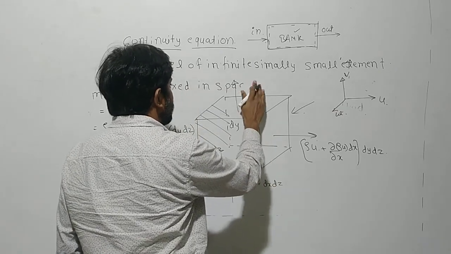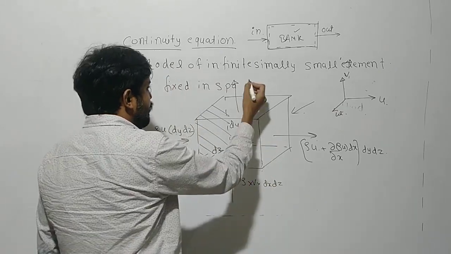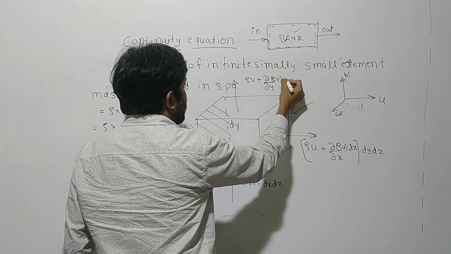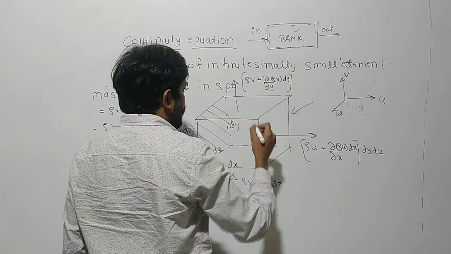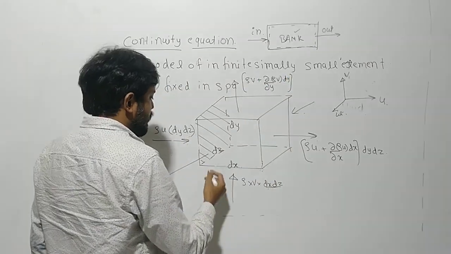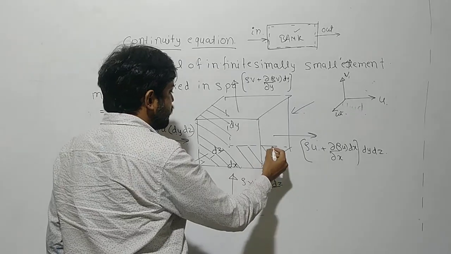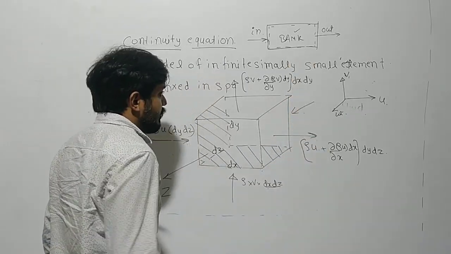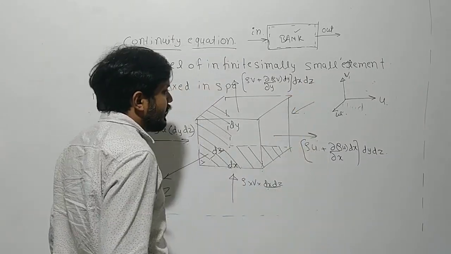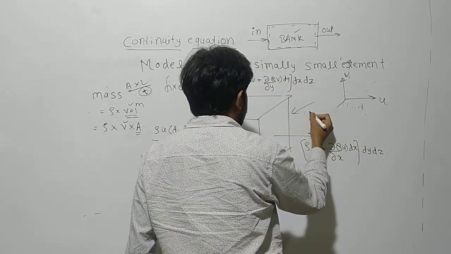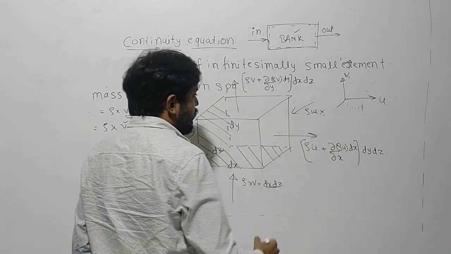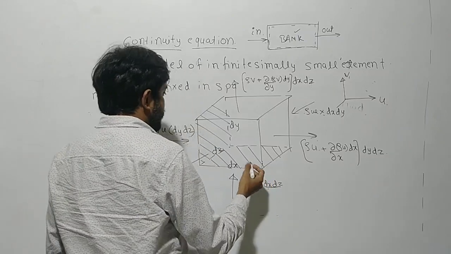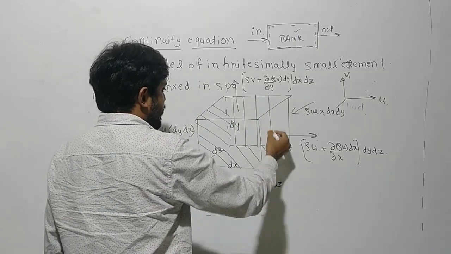Similarly for the change in the y direction, rho v plus del by del y of rho v dy, and the cross sectional area will be the same, dx into dz. Similarly for the z direction, rho w, and the area will be dx dy.